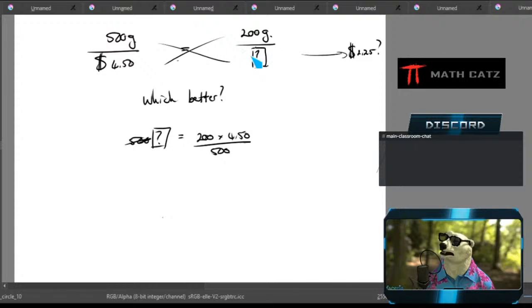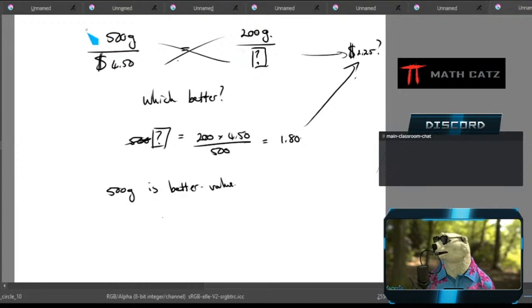And I just chose to make this the mystery number, right? You could have swapped this around in many ways. And I get $1.80. So if this was in line, they would have had to reduce the price of the smaller pack to 1.80 to be comparable. So that means the 500 gram pack is a better value.